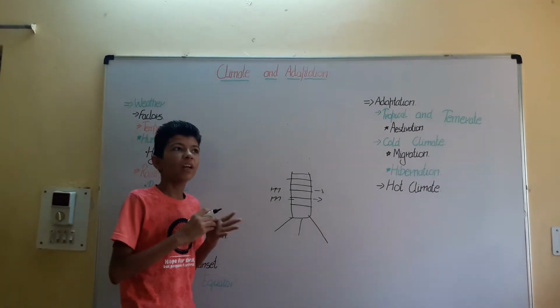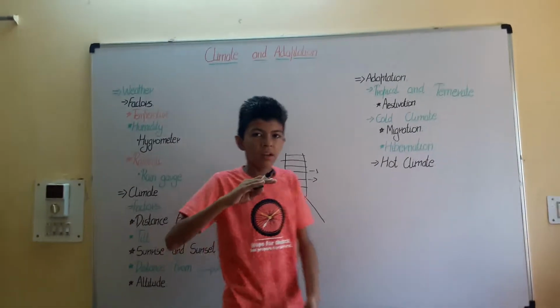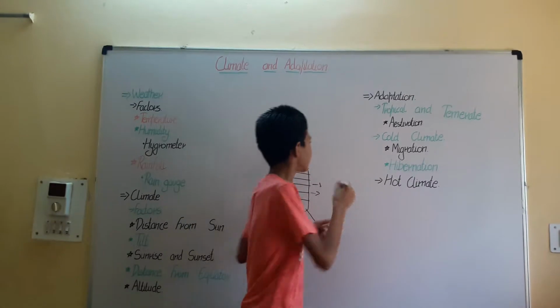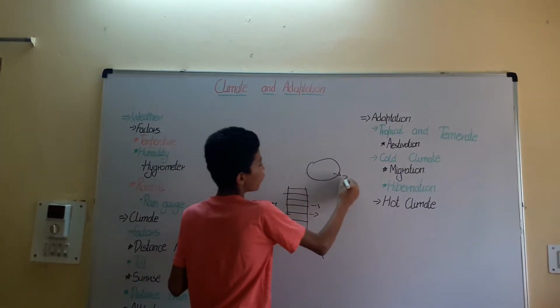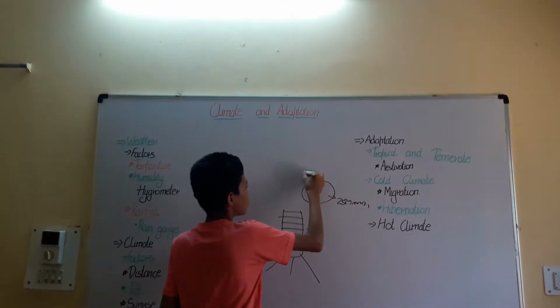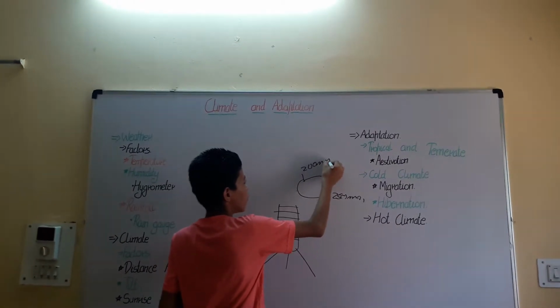Just like in a region, say here there is about 250 mm of rainfall, and here there is only 200 mm of rain.